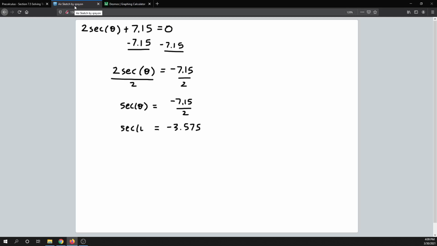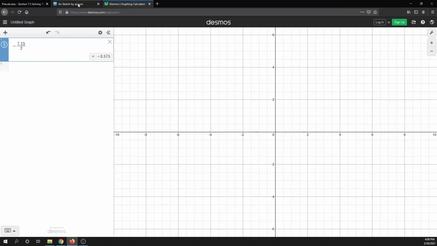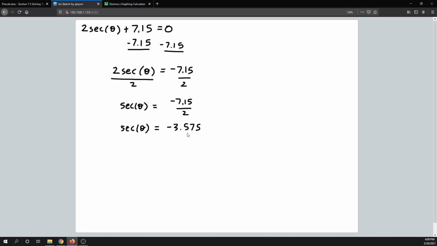And that value, negative 3.575, is definitely not one of the values on the unit circle, the special angles. But also we have an issue over here. That means basically we're going to have to use our calculator on this problem, right?